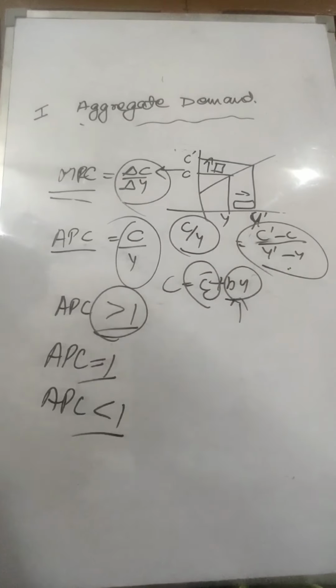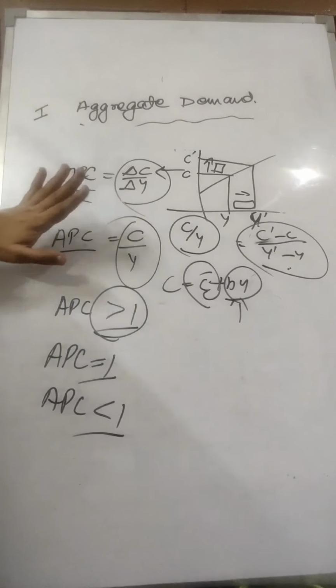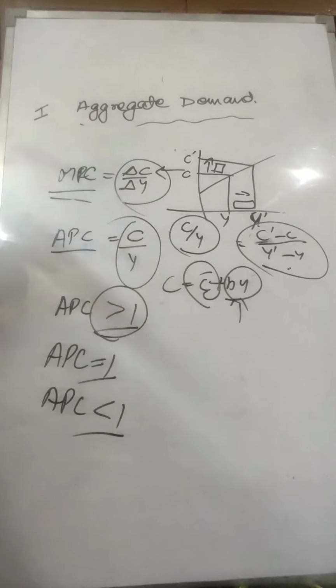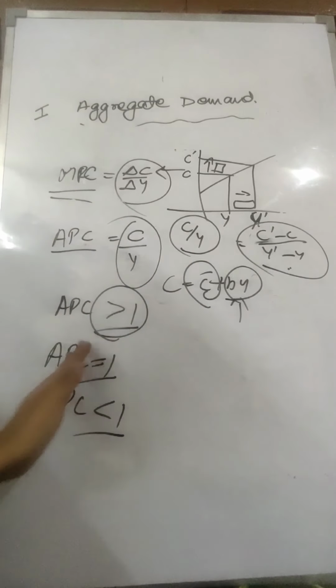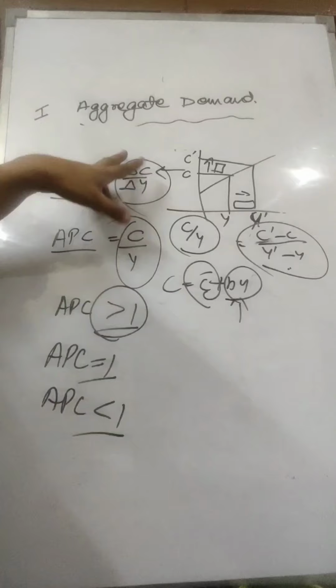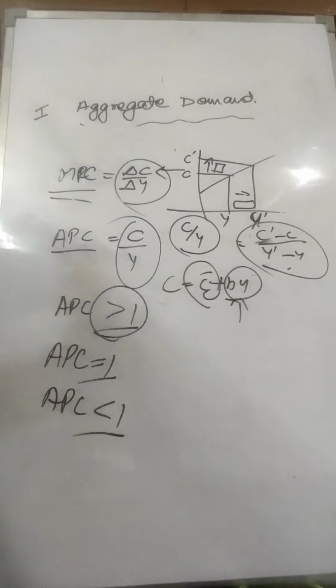So if your entire increased income is consumed, then my value will be equal to 1. Next, if my entire increased income is not consumed at all, then my value will be 0. That's why it will lie between 0 to 1.